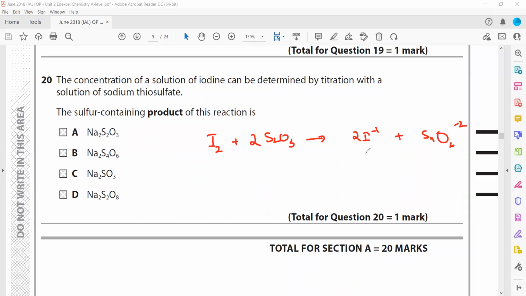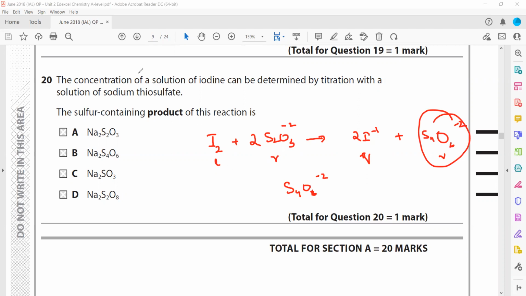This is the ionic equation, with aqueous species here. The product which contains sulfur is S4O6, with a charge of 2-.